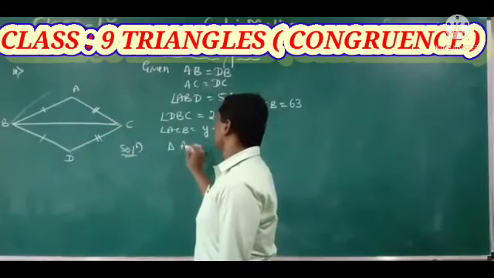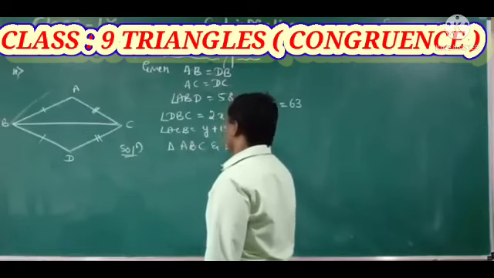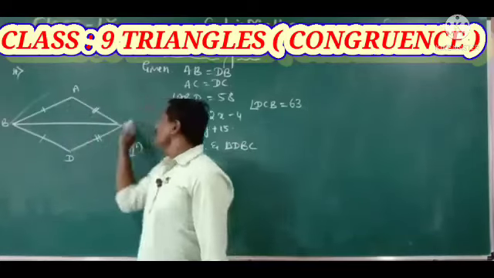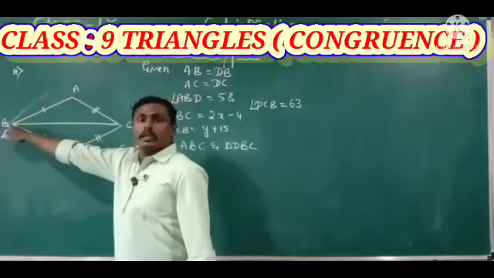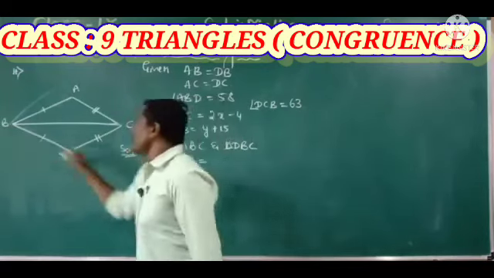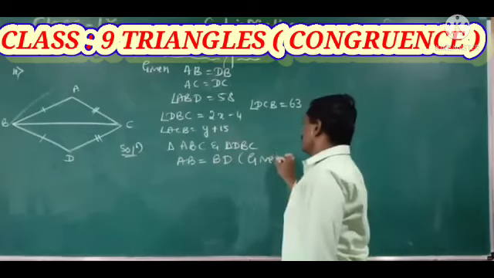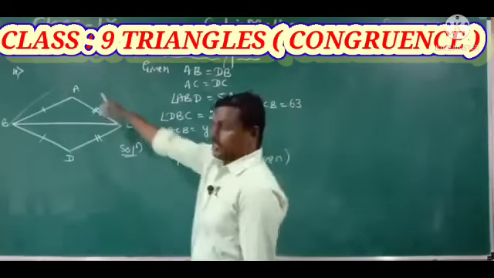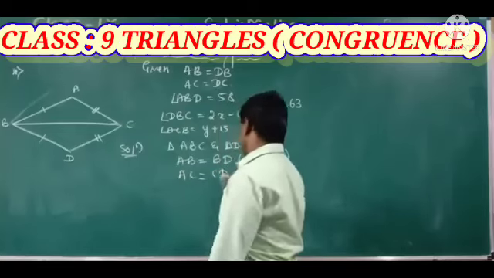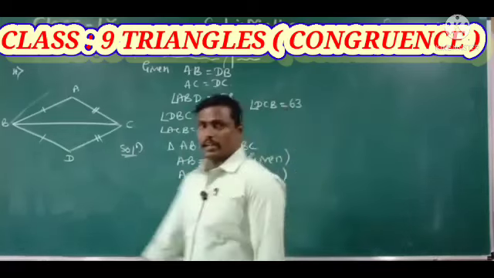In triangle ABC and triangle DBC, they already gave AB is equal to BD. This is the given thing. Next one. AC is equal to CD or DC. This is also given in the statement.